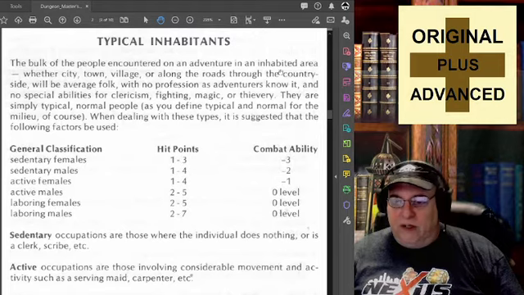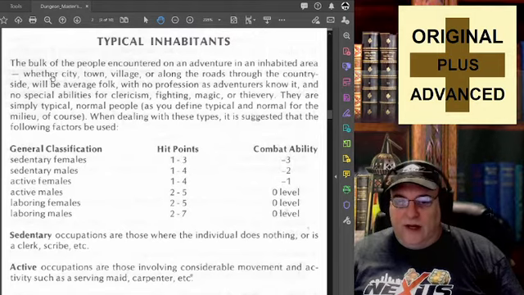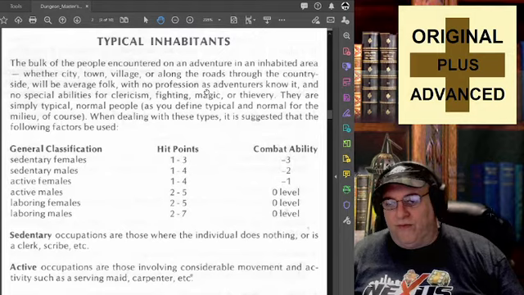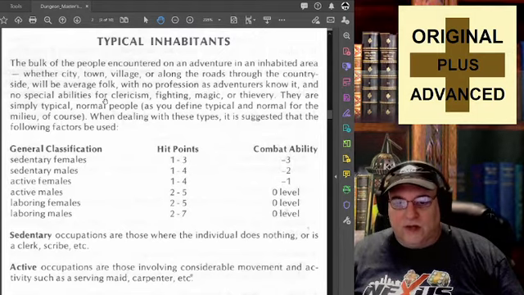The bulk of people encountered on an adventure in an inhabited area, whether city, town, village, or along the roads through the countryside, will be average folk, with no profession as adventurers know it, and no special abilities for clericism, fighting, magic, or thievery. They are simply typical normal people, as you define typical and normal for the milieu.